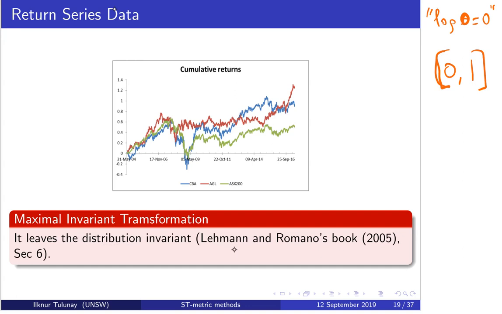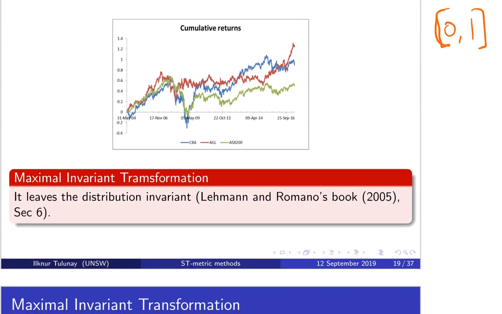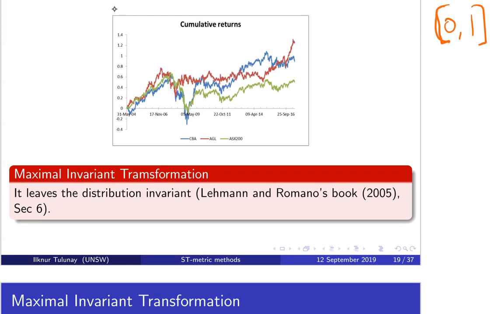For reference, Lehmann and Romano's book, section 6, talks about that. Why is this important? Because this kind of transformation does not change the distribution, which is important, and also does not change the timing.